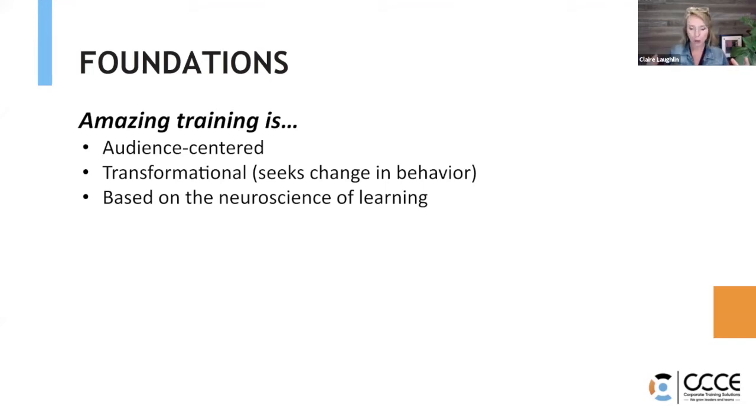My approach was all about what I know about conflict and about some of the exercises that I've seen that worked really well. So I'd say, oh yeah, I started with me. That's where I started. I started with, what do I know and what do I feel like teaching? But in this amazing training approach, we start with the audience and what's the real change they need to make.